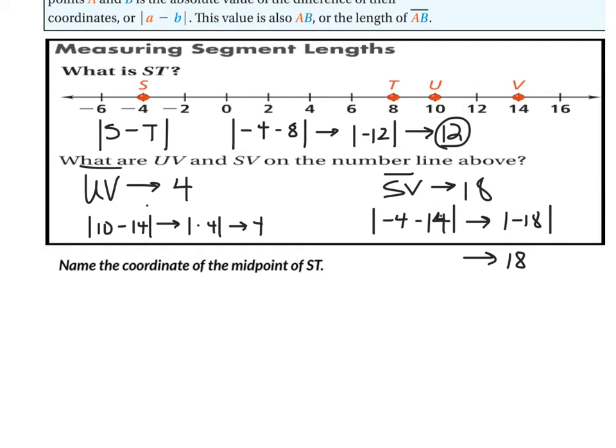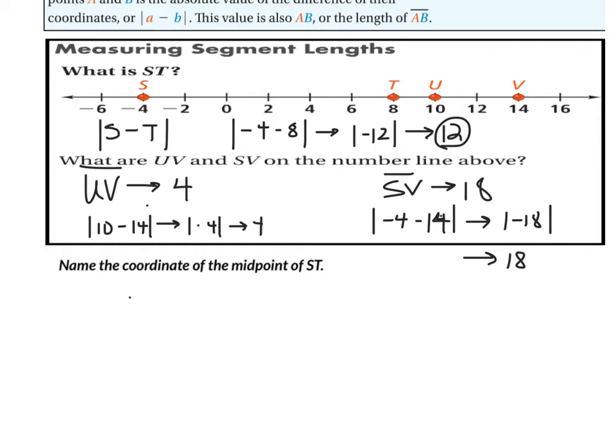The third question is asking you, name the coordinate of the midpoint of segment ST. So I want to find the number that's exactly in the middle from S to T. Again, I'm going to show you two ways to do this.